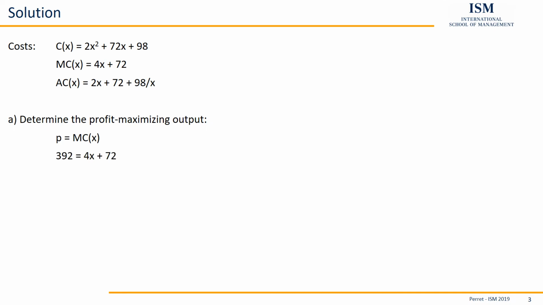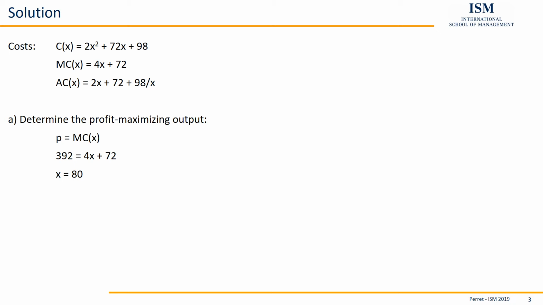So here we have 392 equal to 4x plus 72. Then we just solve this for x, so we go minus 72 and divided by 4. So 320 divided by 4 is 80. So our profit maximizing output of a company is 80 at a price of 392.